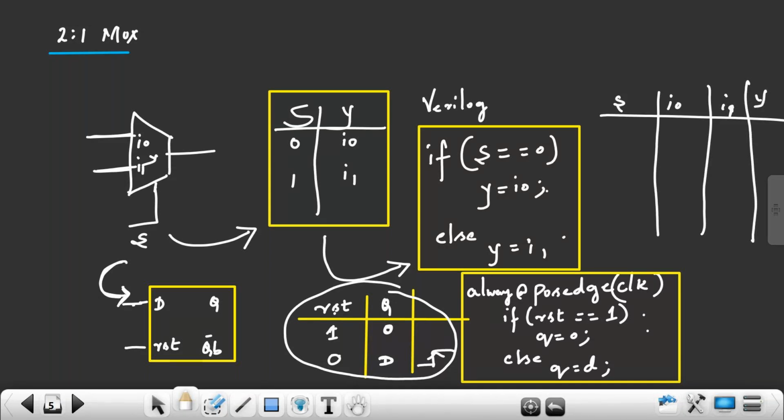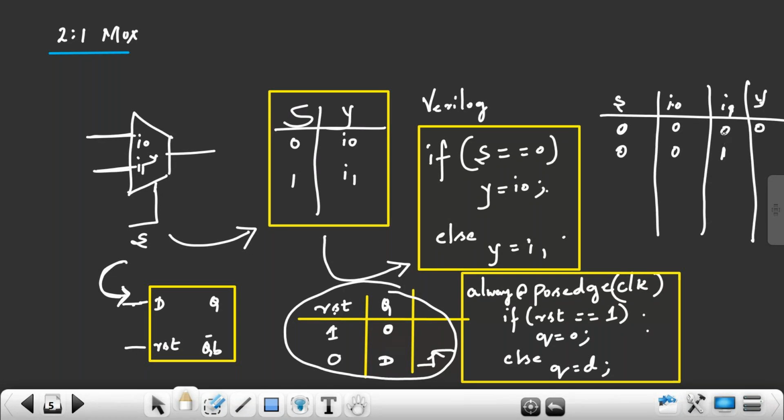My S is 0, I0 is 0, I1 is 0. What will be the output? As the select line is 0, my output Y is going to take I0. What is the value of I0? 0. So in this case Y should be 0. Now S is 0, I0 is 0, I1 is 1.